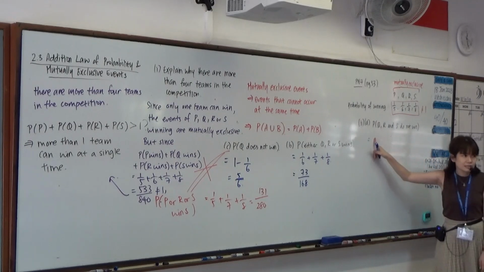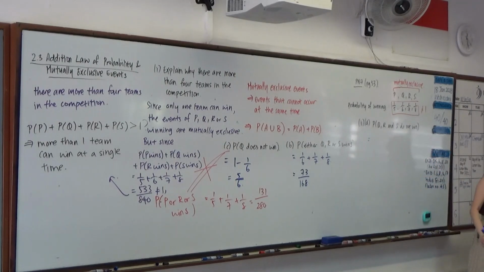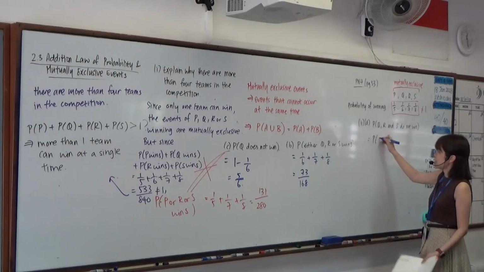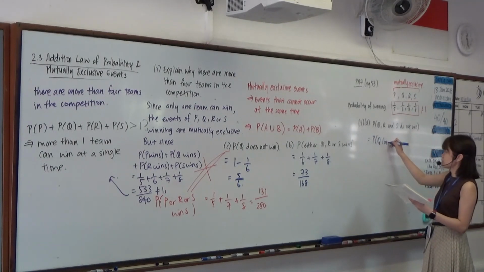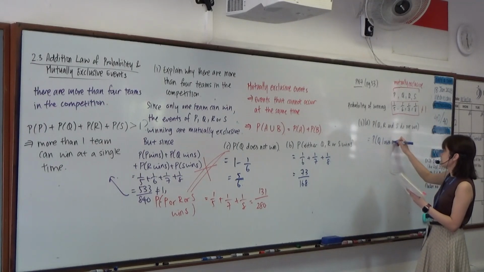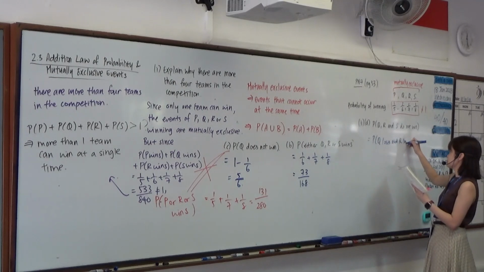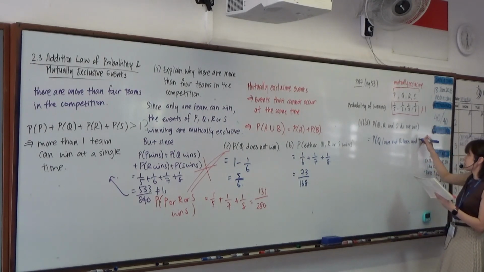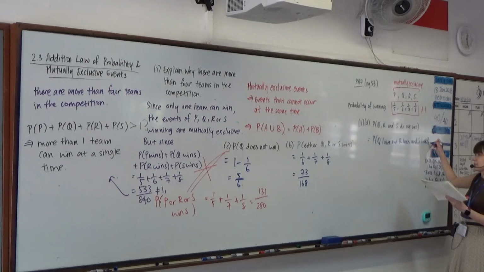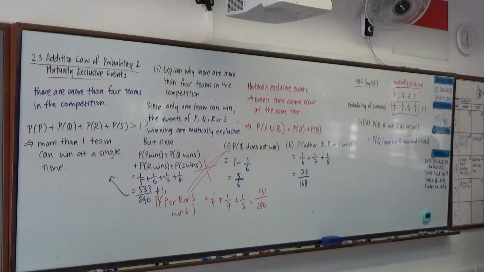Them not winning means the same as saying probability of Q loses, R loses, and S loses. I don't like the idea of "do not win", so I rather just think about it as losing. There's a reason why we use such a word. It's not that negative. So probability of Q loses, R loses, and S loses.